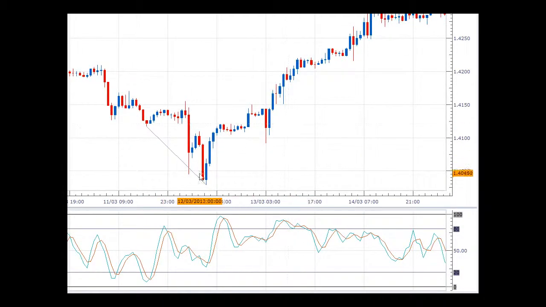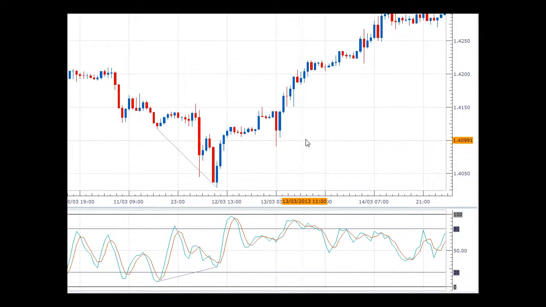This is a lower low, while this point here is a low point, but it is a higher low. So let me connect them, and here what we have is the positive stochastic divergence. This is a sign the price is going to move up later on.